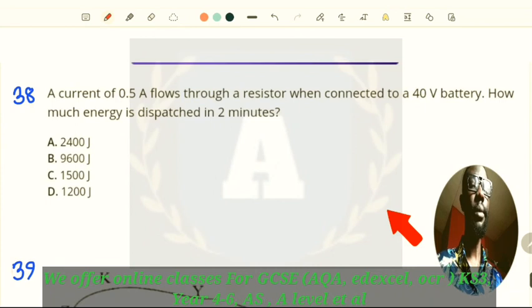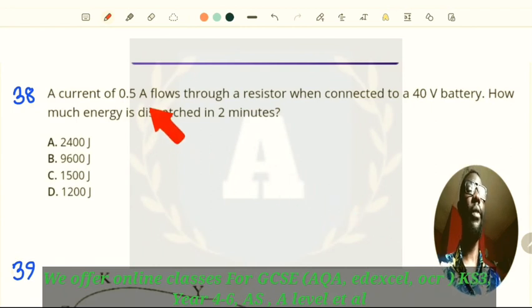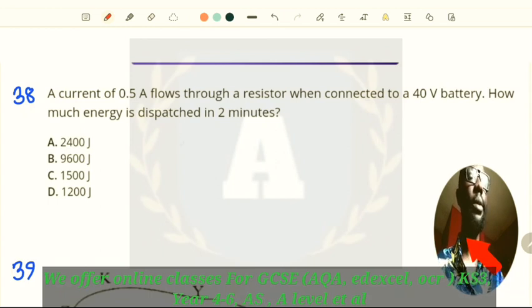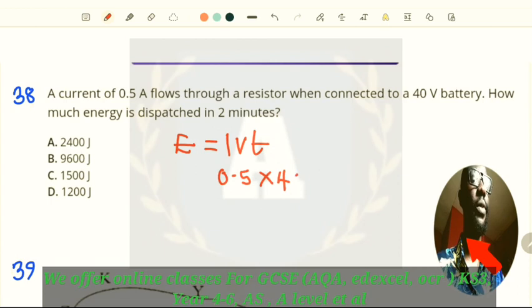Now, in this next question, we are asked to calculate, it said the current of 0.5 amps flows through a resistor when connected to a 40 volt battery, how much energy is dissipated in 2 minutes? Energy is equal to IVT. So current is 0.5 and the potential difference is 40.